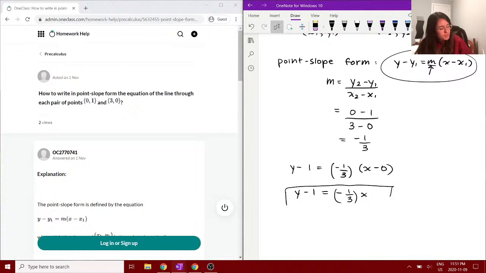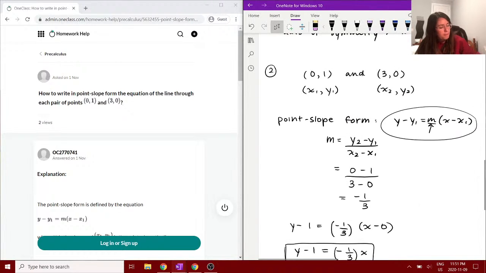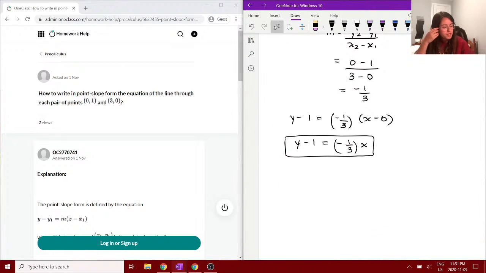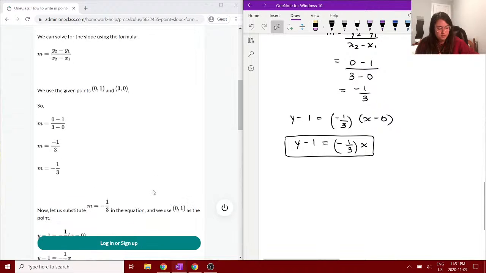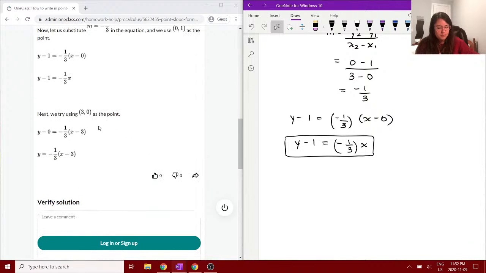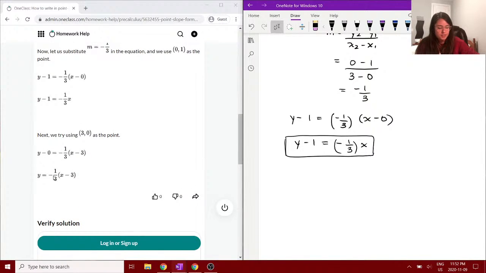If instead you wanted to find this equation using this set of points as your x1 and y1, you will be able to get the same result. Possibly just rearranged a little bit differently, but it will be the same result. Okay, let's look through here. We get the same slope, and they've also tried doing the same thing but with a different point.